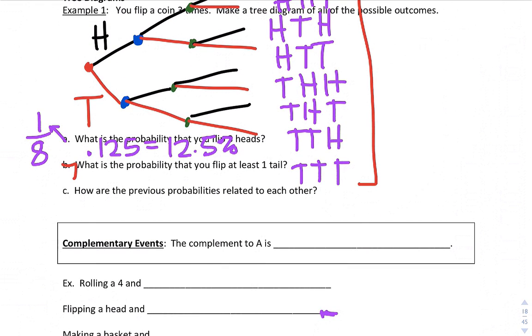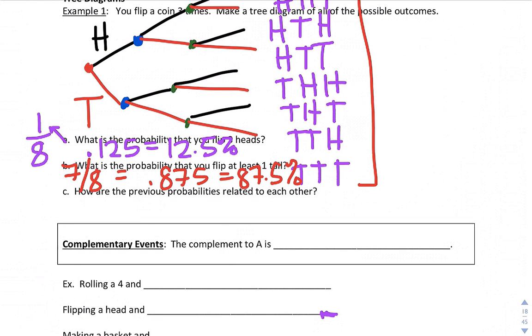So that would be 7 out of 8, which is 0.875. Oh, that's a decimal, which is 87.5%. How are they related to each other? Well, they add to 1, or it's 100% of the possibilities.